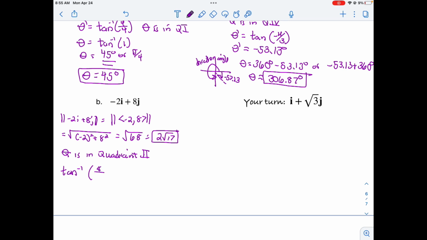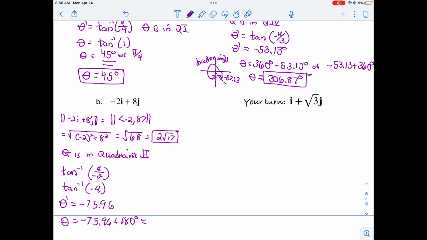So theta is equal to the angle whose tangent is 8/-2, or the angle whose tangent is -4. Using my calculator, I get an angle measurement of -75.96 degrees. Okay, but I need a positive angle in quadrant 2 that has the same tangent. So I take this reference angle and add 180 degrees this time to get my theta.